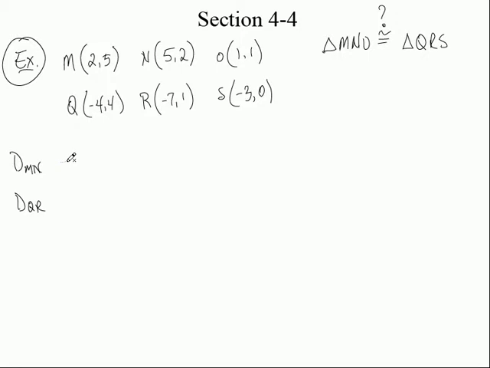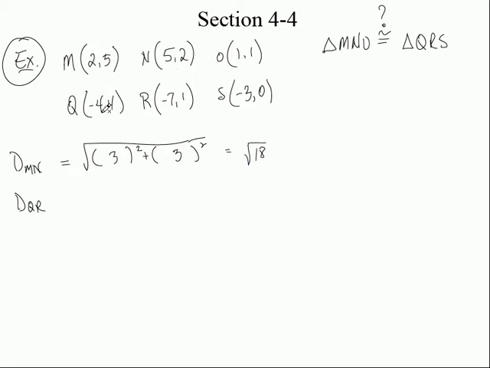So the distance equals a big square root, right? And it doesn't matter which ones go first. We take the x's and we subtract them. 5 minus 2 is 3. And then this is another 5 minus 2, which is 3. You with me? So that's 9 plus 9, which is 18, so square root of 18.